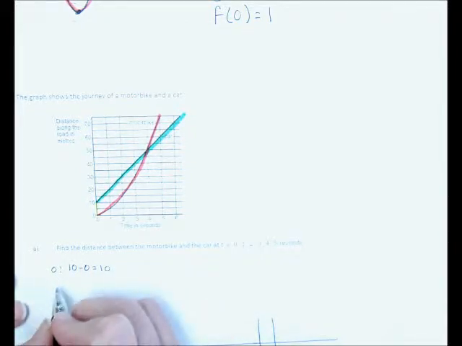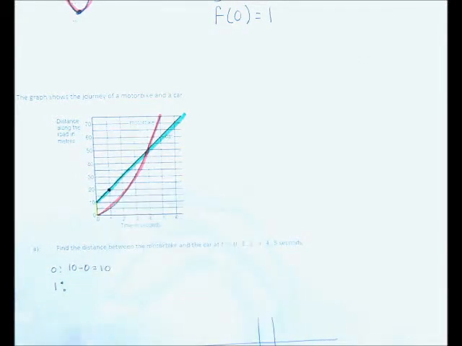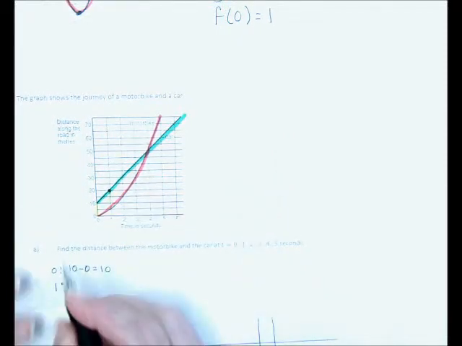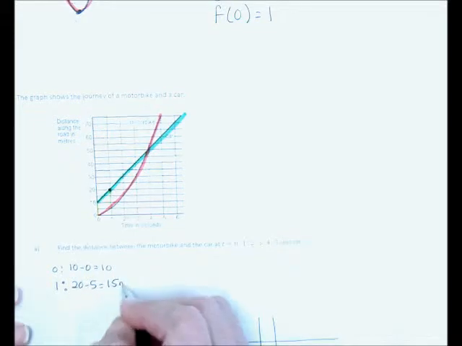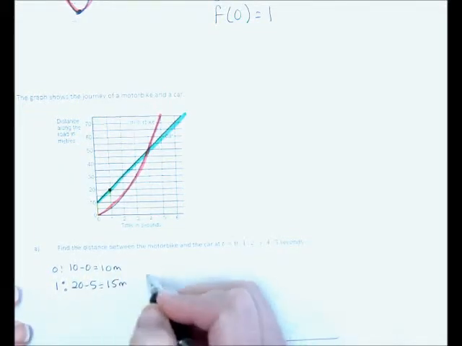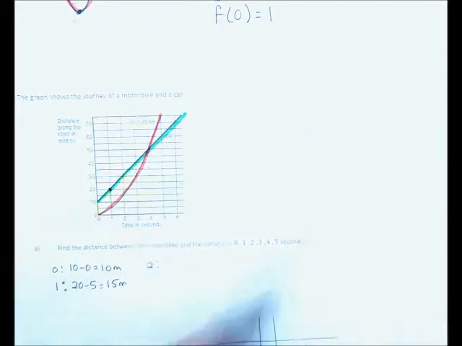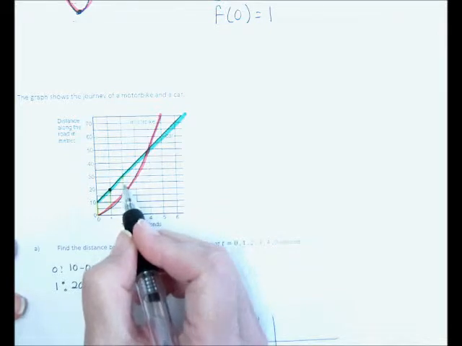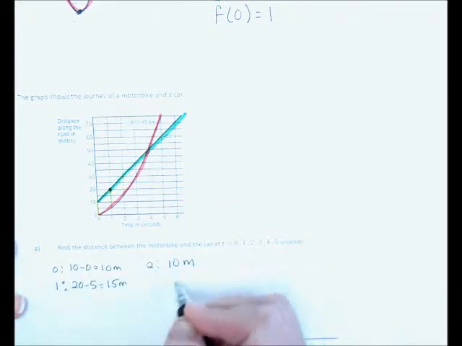The next one is at 1 second. The distance between the two is from here to here. So it's 20 minus 5. And that distance is going to be 15 meters. And then at 2, the distance between the two appears to be maybe 10. So that would be 10 meters.